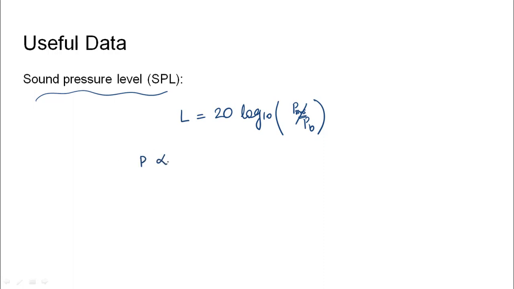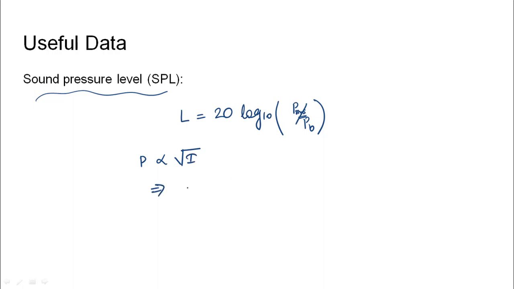So when we talk about sound pressure level of a noise source, we use the following formula for calculating the loudness of the sound, that is 20 log 10 P by P naught. Here P is the RMS, root mean square pressure level. So we know that P is proportional to the square root of intensity.